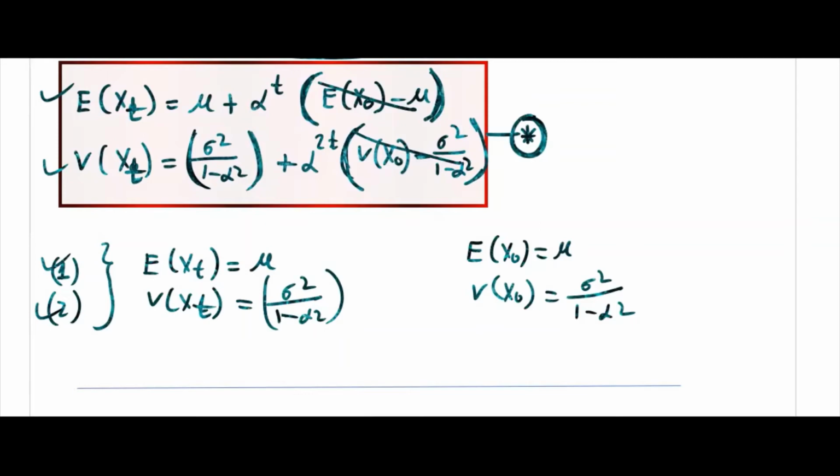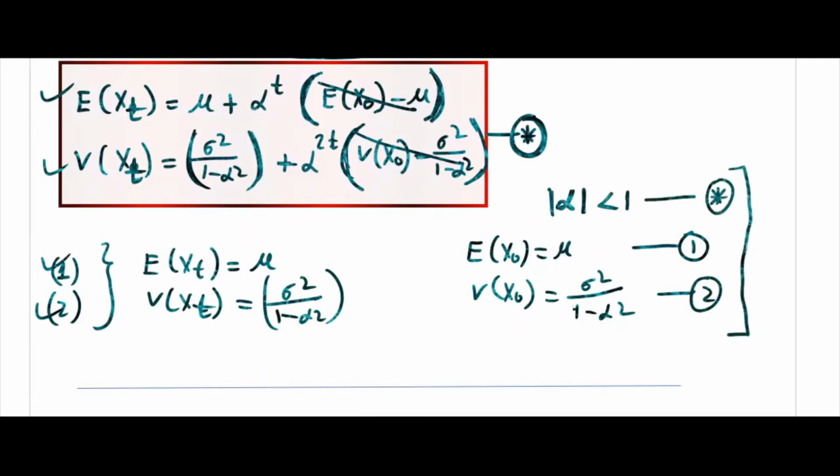Of course, mod alpha less than 1 should also be there. In these conditions, which are a special case, expectation is constant and variance is constant, so at least two of the three properties I mentioned for stationarity are satisfied.